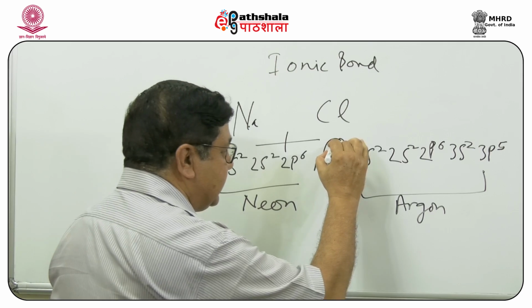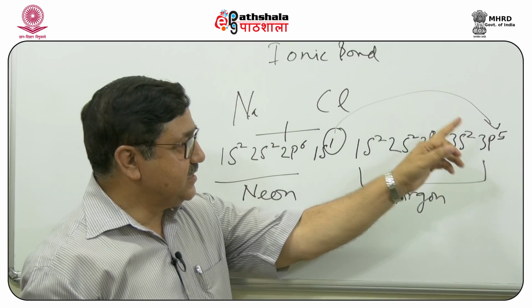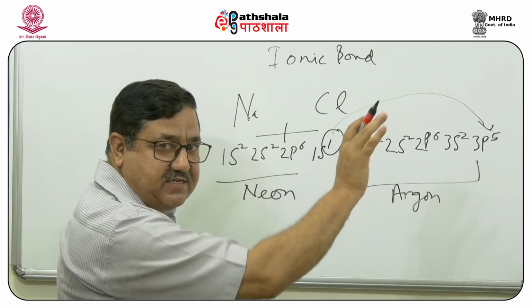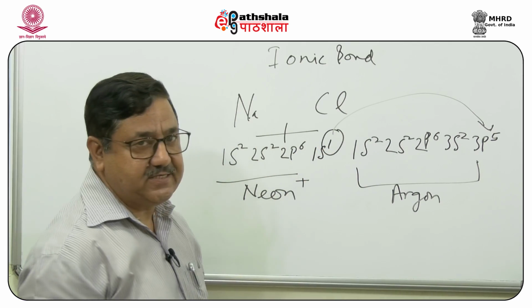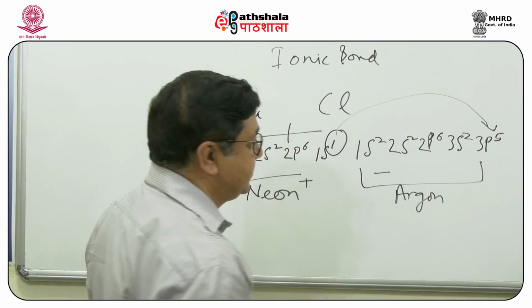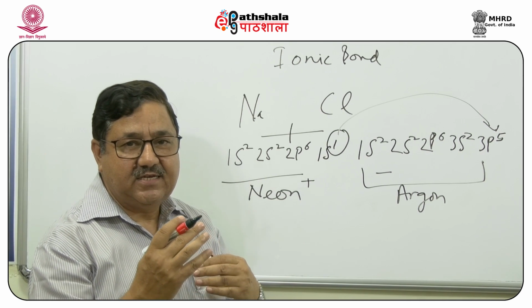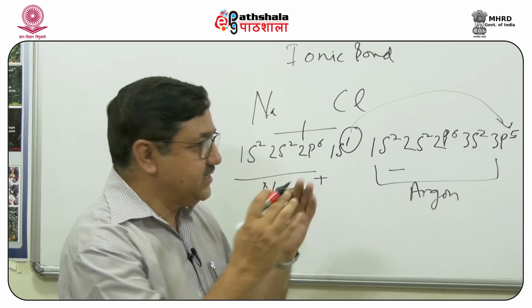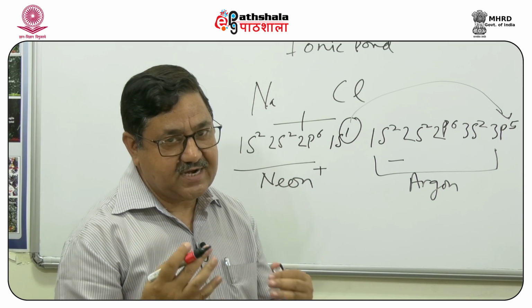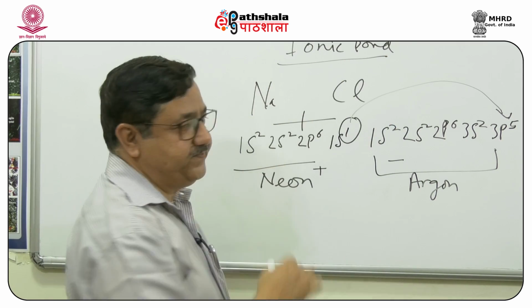So, this 1 electron goes to, or is shared by, the structure of the chlorine. Since 1 negative charge is going, that makes sodium positively charged, and since 1 electron is getting added here, it makes chlorine negatively charged. The opposite charges are thus bonded together, and this kind of bond is called an ionic bond.